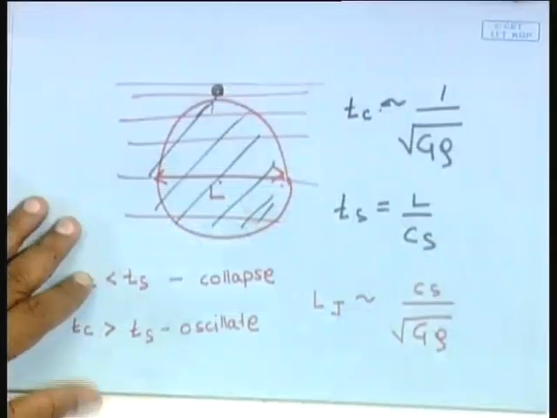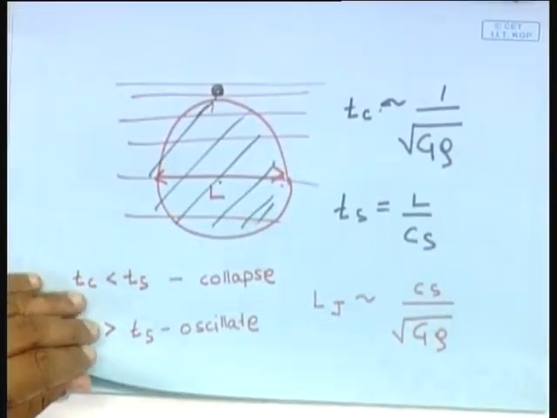That is decided by the sound speed in that medium. So if that information can propagate across this distance before it collapses, then that pressure gradient can act and prevent the collapse. If the time scale for gravitational collapse is shorter, then the object will collapse before the pressure gradient can build up. So this is essentially the crux of the Jeans instability.